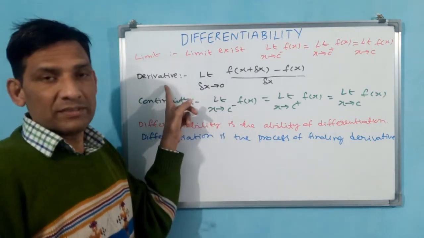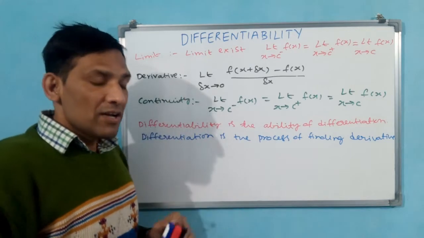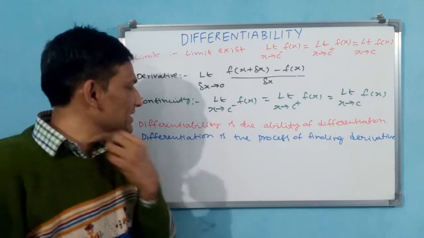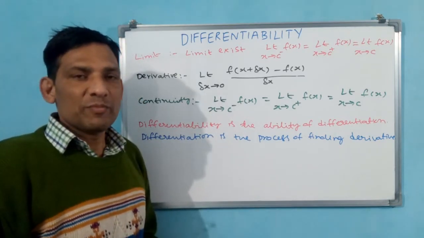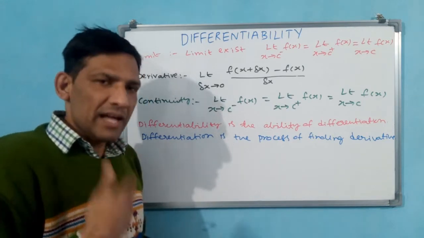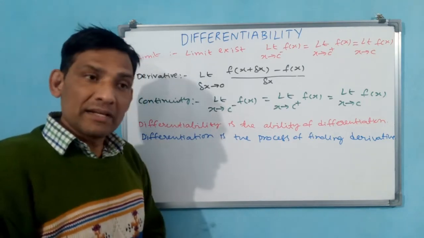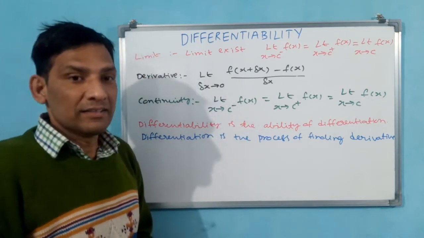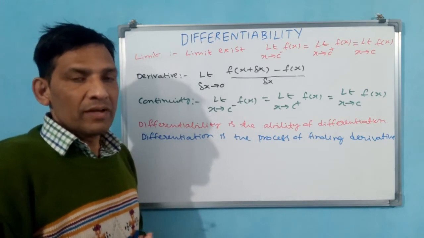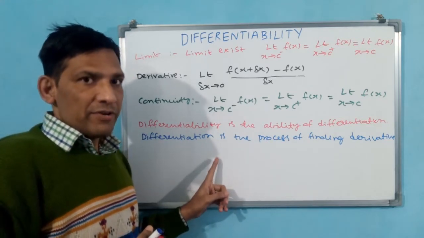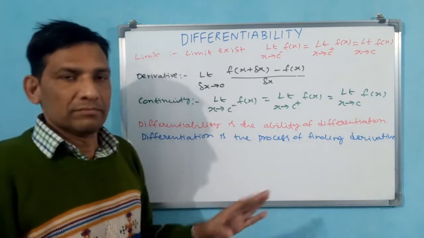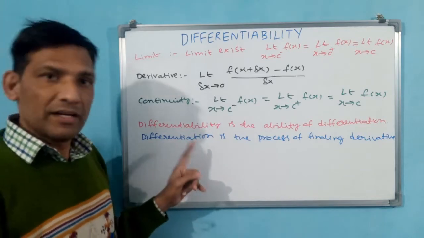Derivative already we have seen. We have found derivatives. The process of finding derivative, that process is called differentiation. That means with respect to x only we have done until now. In further classes we are going to do it with some other variables also. Okay, that you keep in mind. Differentiation is the process of finding derivative. Okay, that you have to understand clearly.